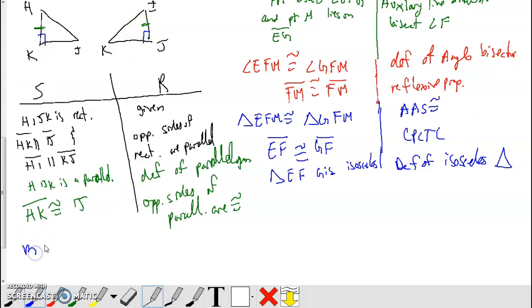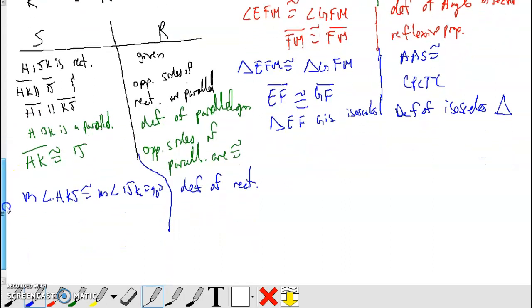Since I don't really know which triangle I'm talking about, let's use three letters. So the measure of angle HKJ is the same as the measure of angle IJK, which is 90 degrees. This is the definition of a rectangle, because a rectangle has to have 90 degree angles. If they are equal to each other, we know that they are congruent to each other, which is great.